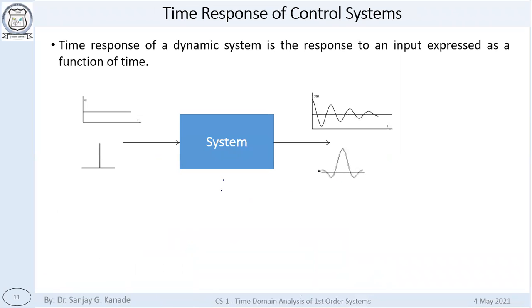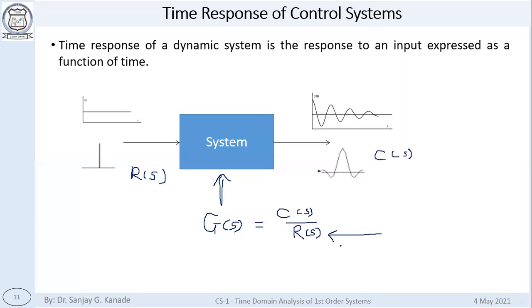This system can be anything. Okay, you can have any system represented as a transfer function. You have to recall that this is R of S and this is C of S. Okay, so G of S is equal to C of S upon R of S. So whatever the value of R of S is, what is this?